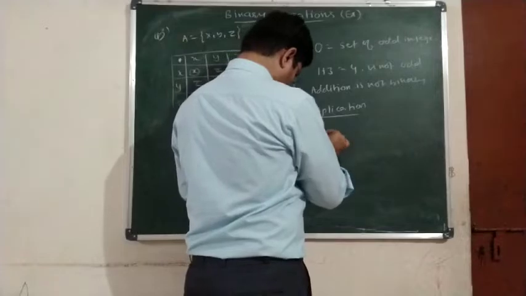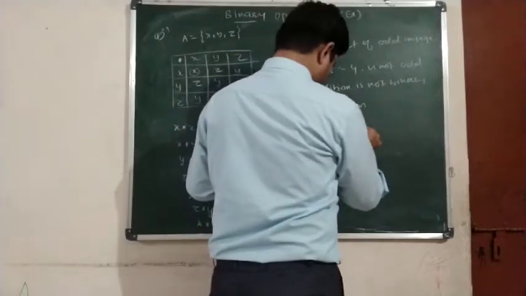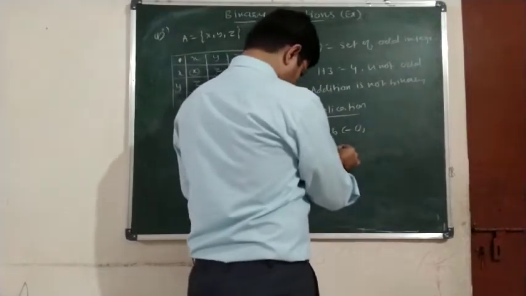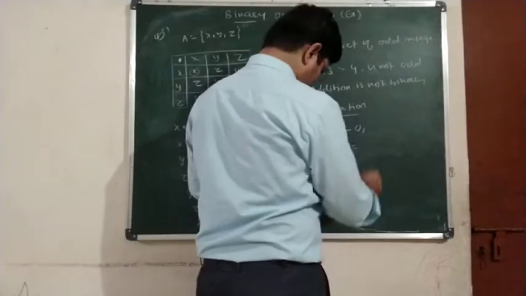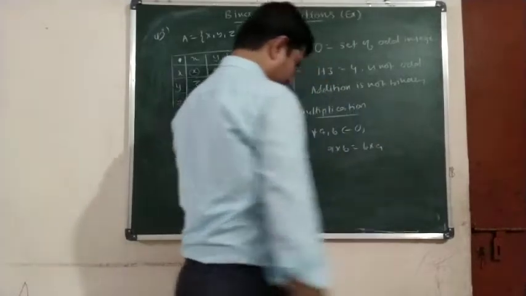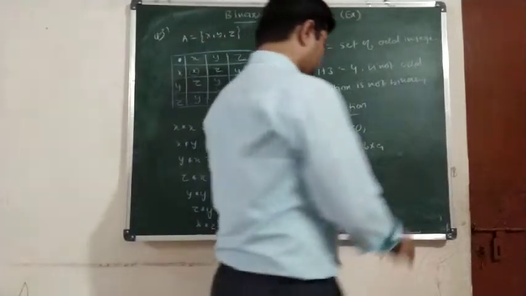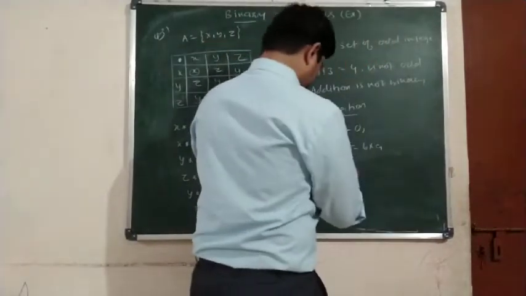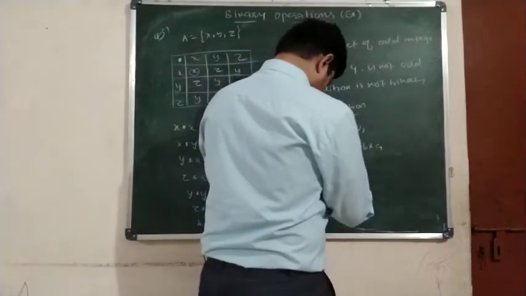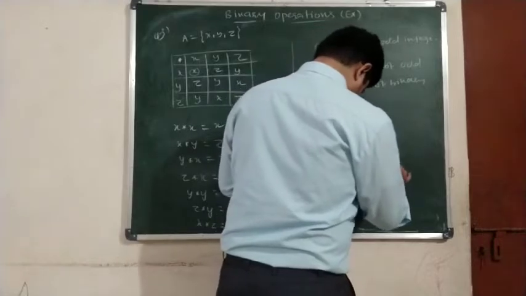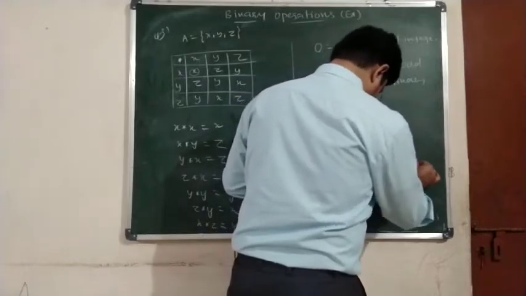Okay, for all a, b belongs to set O, a multiplied by b is equal to b multiplied by a. Yes or no? And therefore multiplication is commutative.